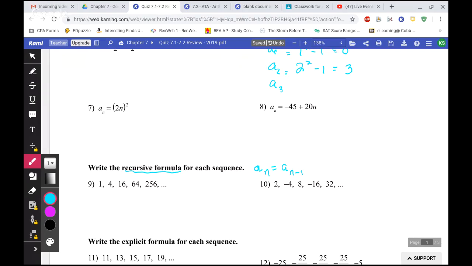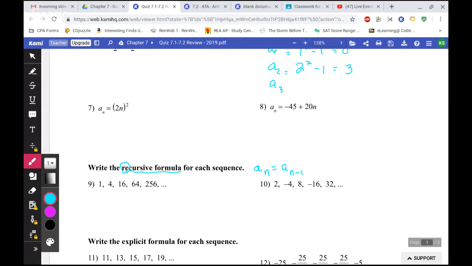And maybe a way to remember it is the prefix re, because a lot of times to return to something or revisit, you're thinking, oh, it has to do with something that's gone on before. So maybe that would be a good way to remember, oh, this is the formula that has to do with a term that's already happened.